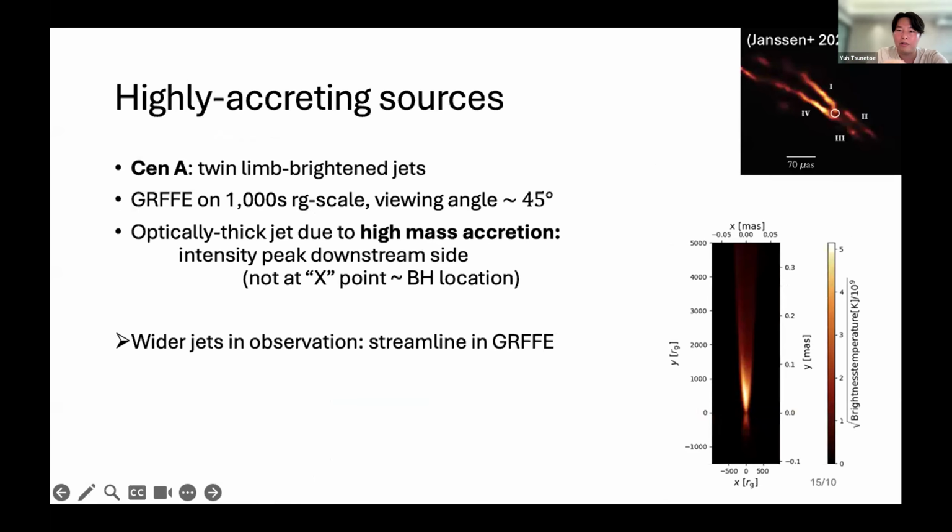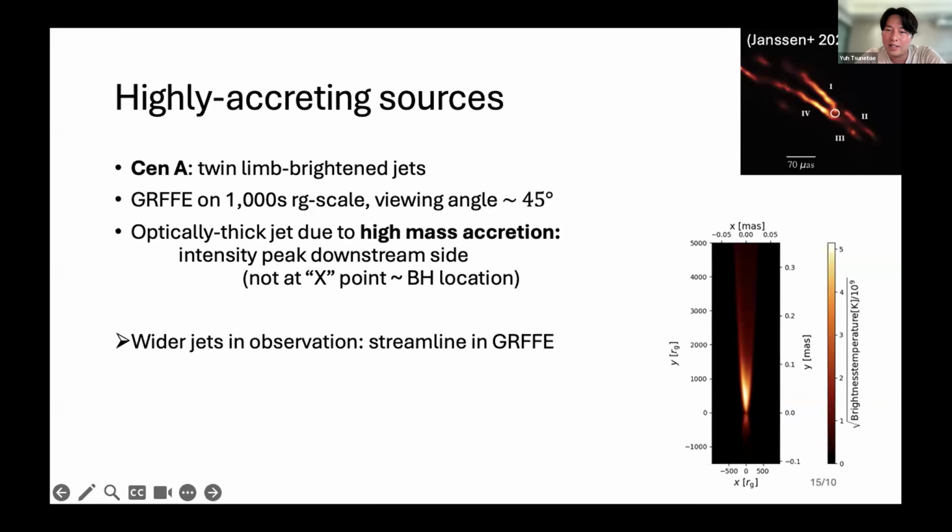So finally, we also consider another source, Centaurus A, on a scale of thousands of gravitational radii and with an inclination of 45 degrees using a force-free model. We can see twin limb-brightened jets, similar to what is observed by the EHT.